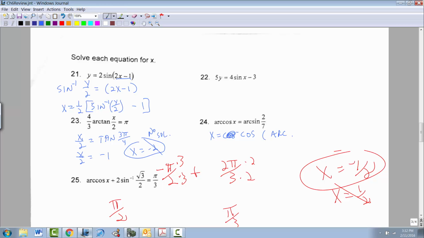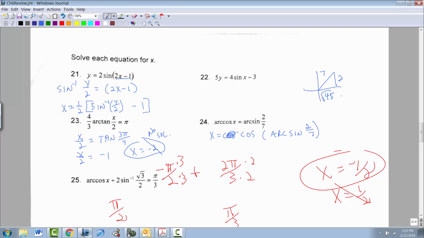So this is a question you've already done in section 6.1. All right, so quadrant 1, 2, 7. 7 squared is 49. 49 minus 4, is that 45? Last time I checked.